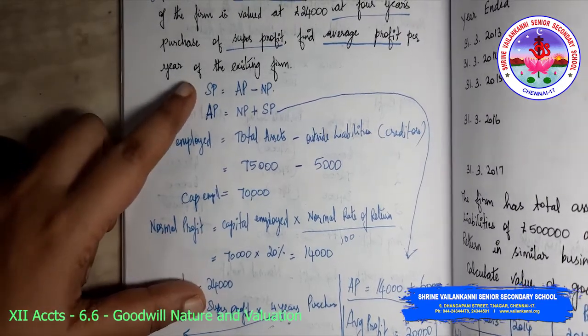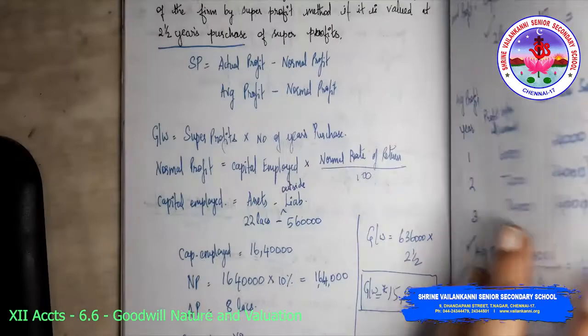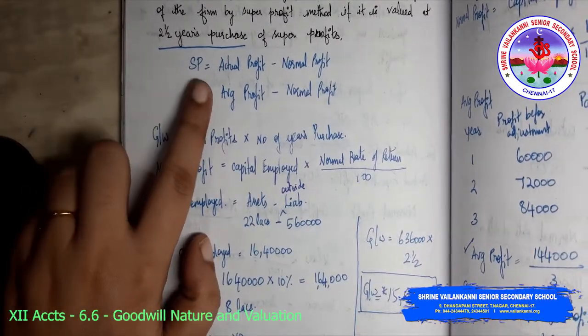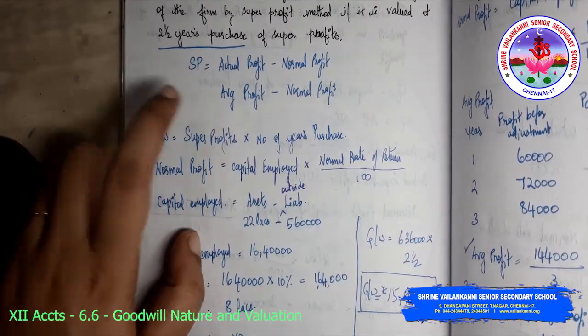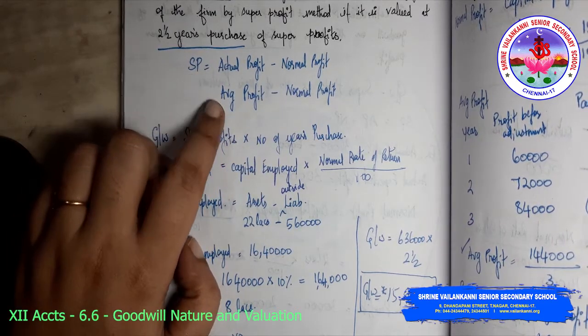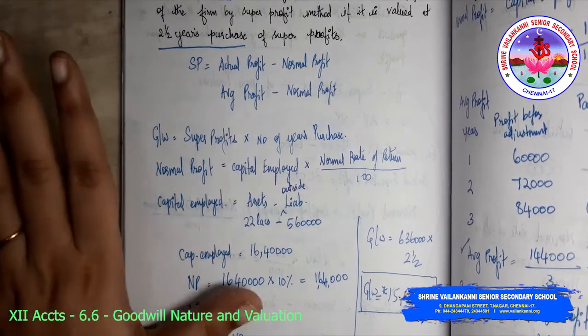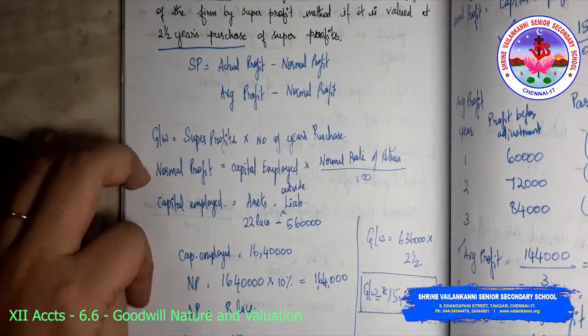Super profit is equal to actual profit minus normal profit. So I'll take this as better example. You need to calculate goodwill is equal to super profit into number of years purchased. So this is how you need to do it.